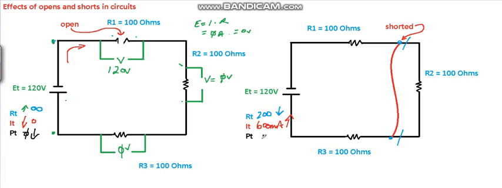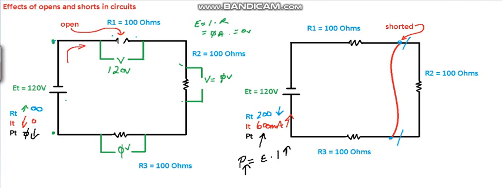So my total power in this circuit is going to increase. We know that power is equal to my voltage times my current, and if my current increases, my total power is going to increase as well.